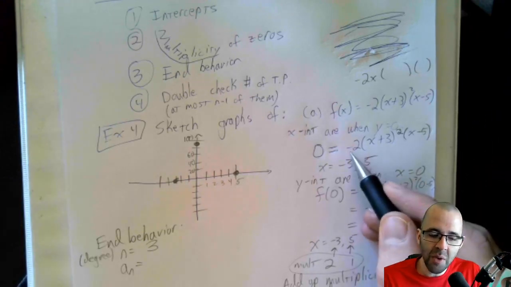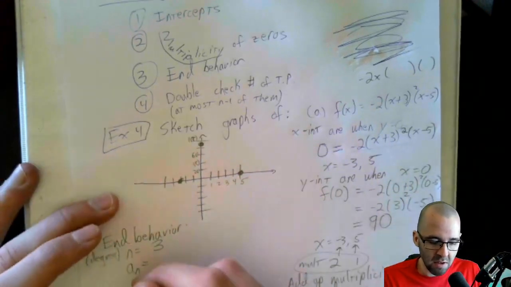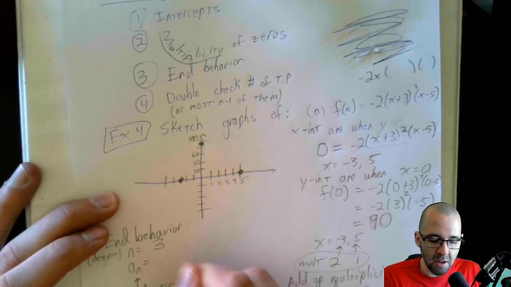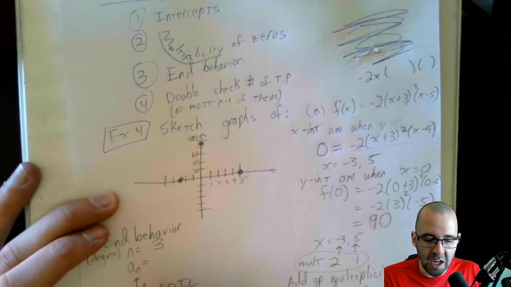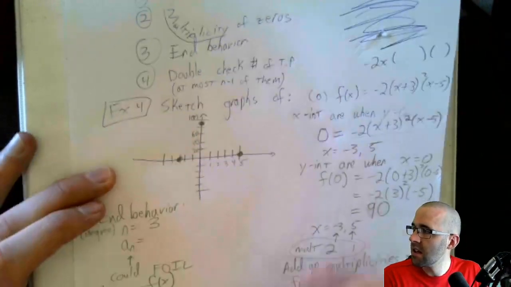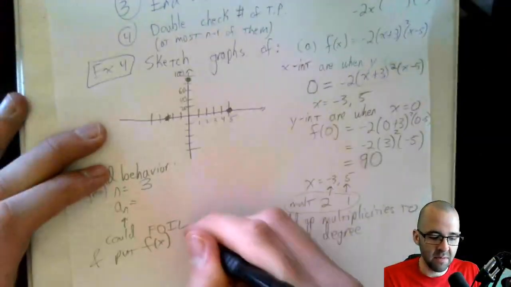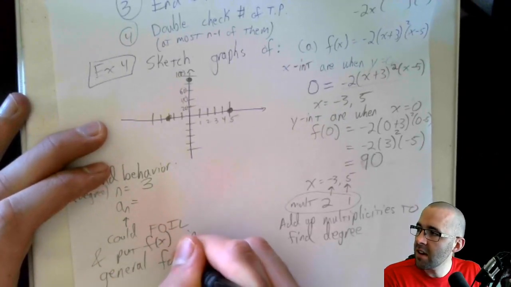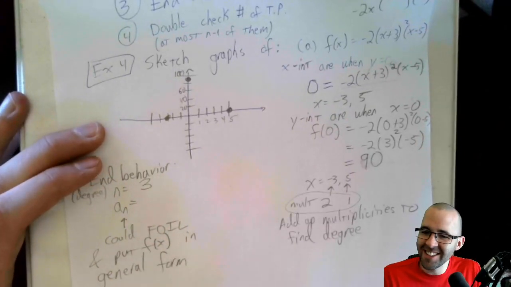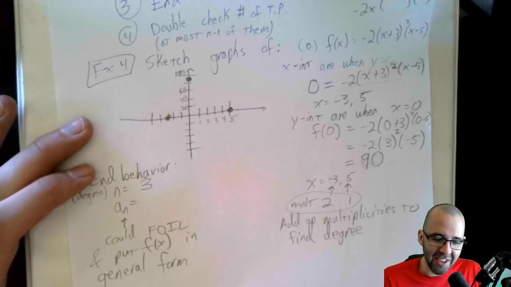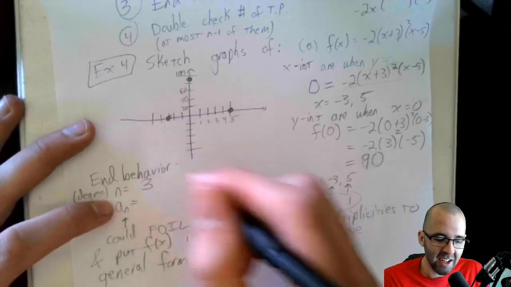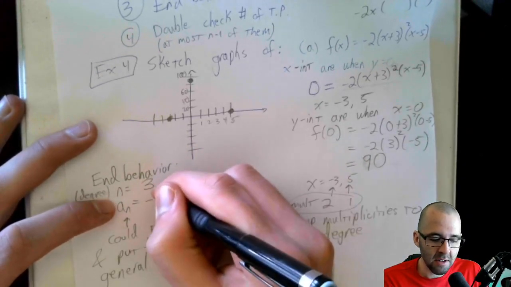So if you didn't know it was -2, you could FOIL and put f of x in general form. It's a little bit of math, but if you don't mind math, you could go ahead and do it. The leading coefficient is -2.